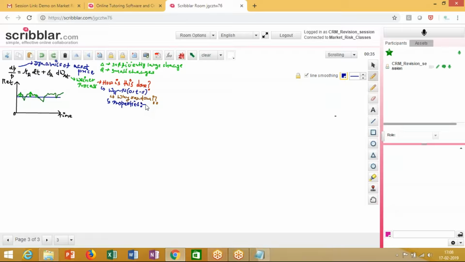We need to put out the properties and understand how this is being created. So what are the properties of this process, right?